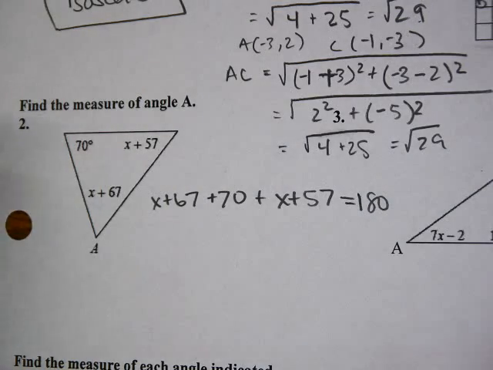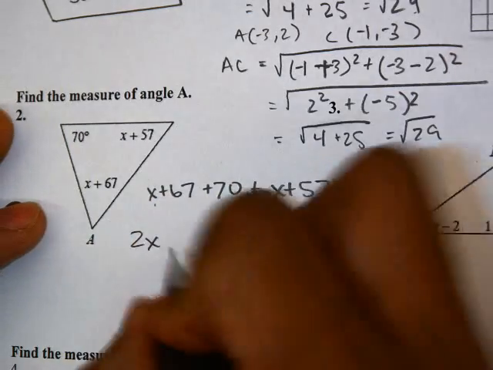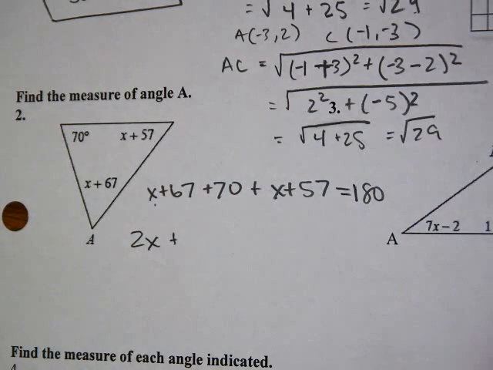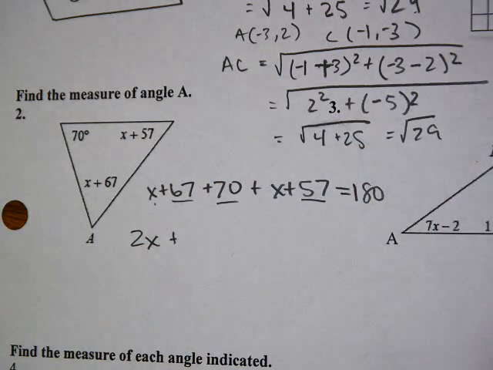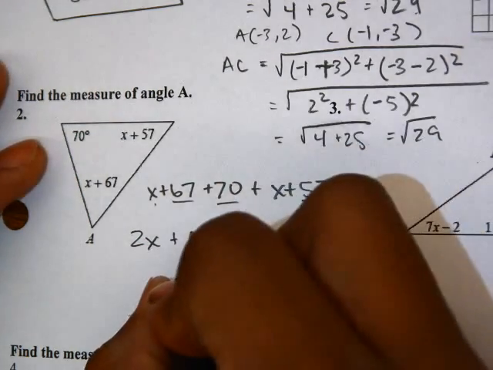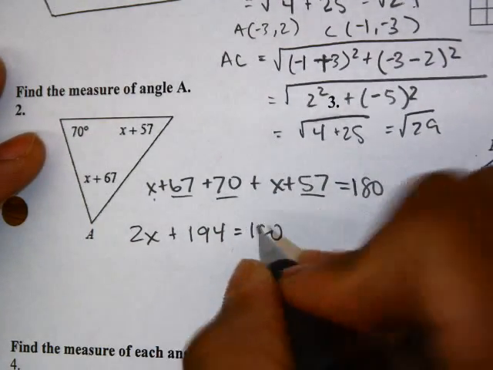x and x is 2x. 67 plus 70 plus 57 is 194. And that should still equal 180.